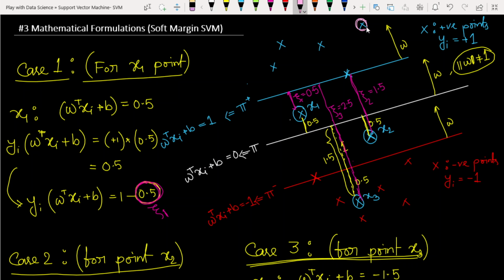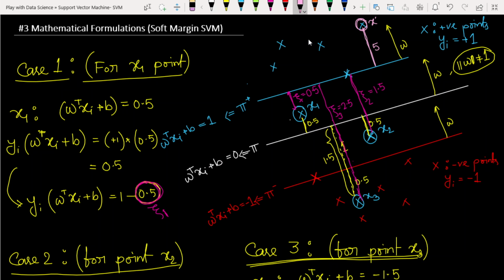This is a correctly classified point, and I am calling this correctly classified point x dash. If the distance from our plane pi plus is, suppose, let's take this distance is 5.